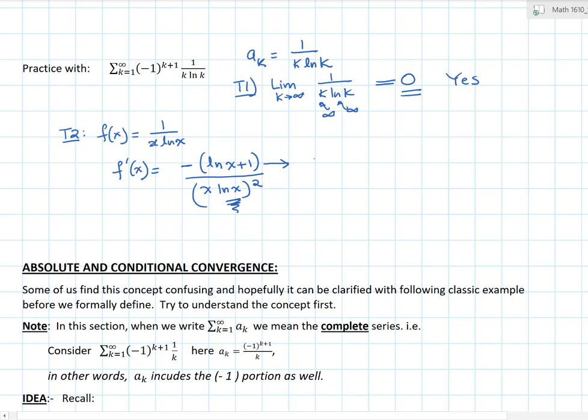This term is less than or equal to 0, obviously, because you have the negative sign in front of positive numbers. After x more than 1, this ln x plus 1 is positive, so you have a negative sign in front of it. So test 2 is satisfied. Therefore, again, the alternating series converges.